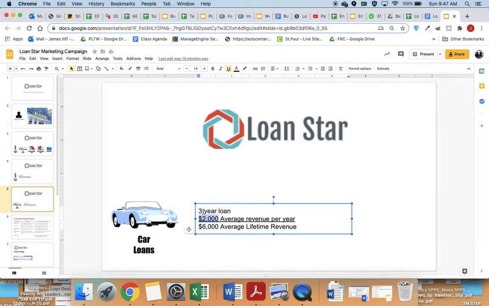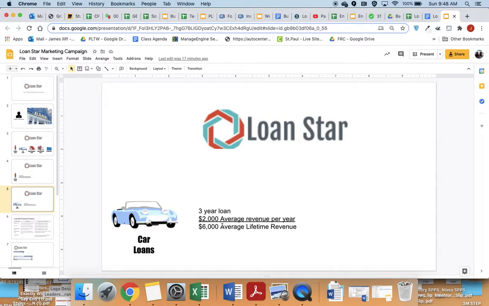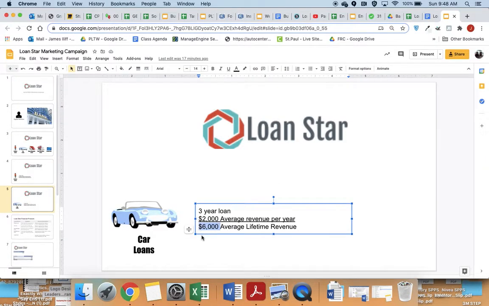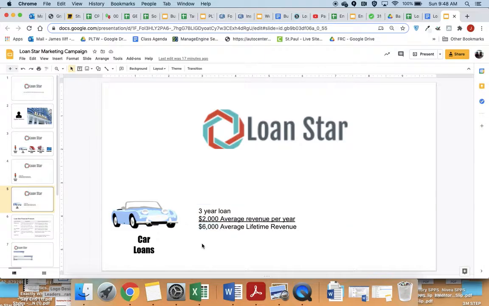And you simply take 3 years times $2,000 average revenue every year, and you get $6,000 of revenue that the company makes over the lifetime of this car loan. So that's interesting. Every time someone takes out a car loan, you can estimate that the company is going to earn $6,000.